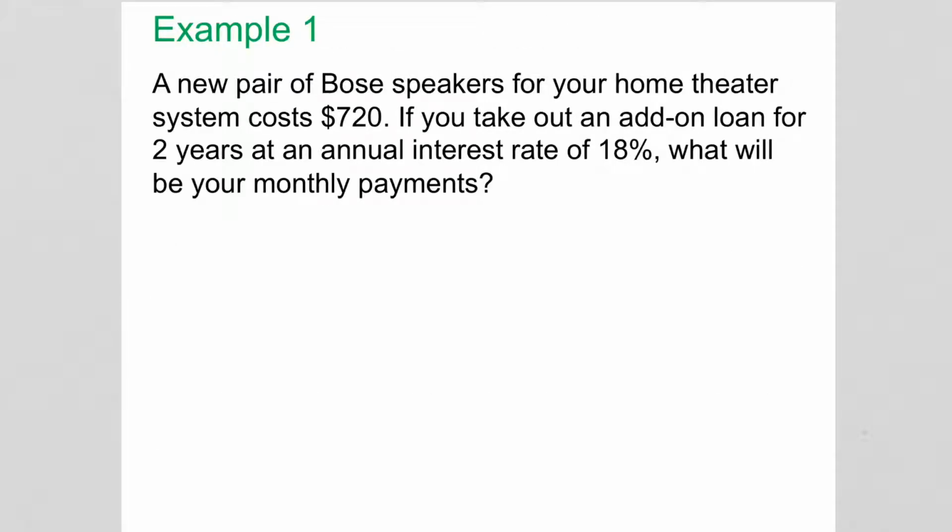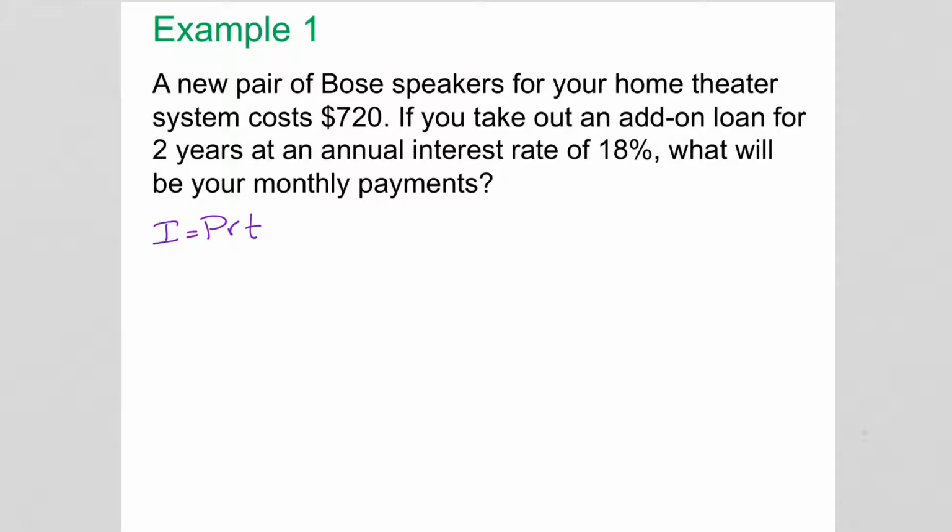So example 1 says, a new pair of Bose speakers for your home theater system costs $720. If you take out an add-on loan for 2 years at an annual interest rate of 18%, what will be your monthly payments? So the first thing we have to do is calculate the interest.